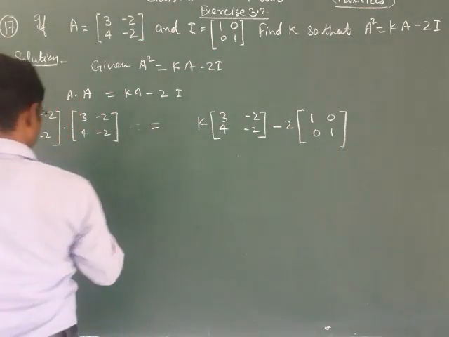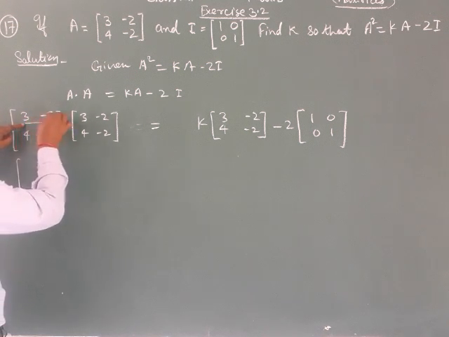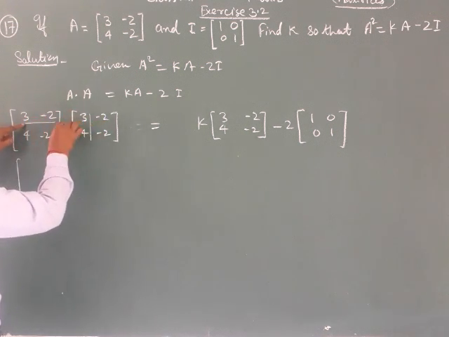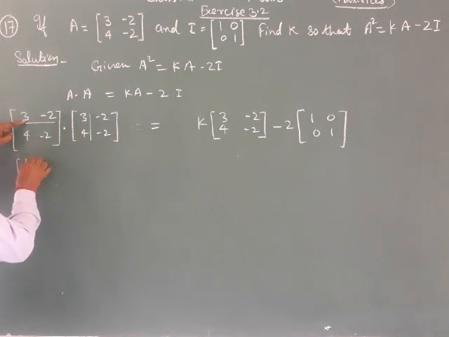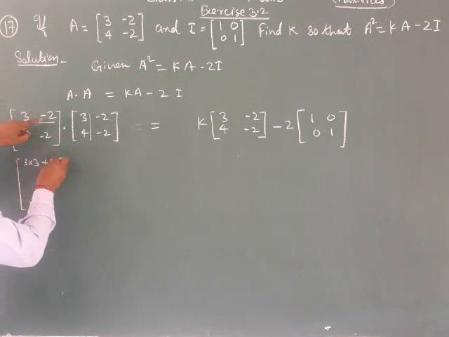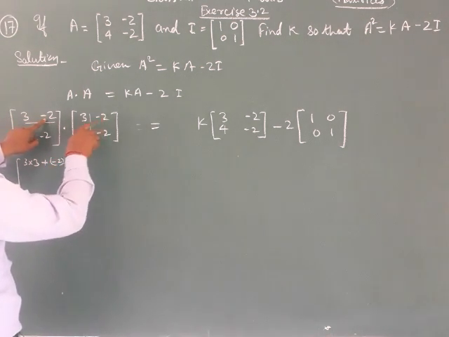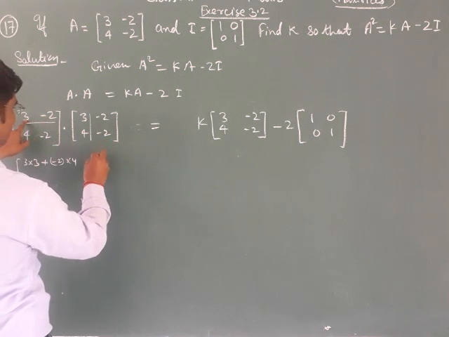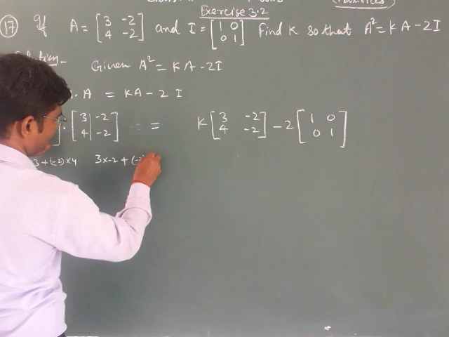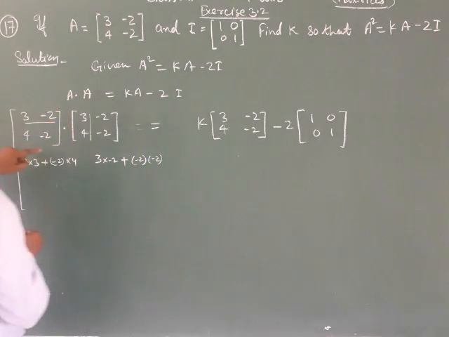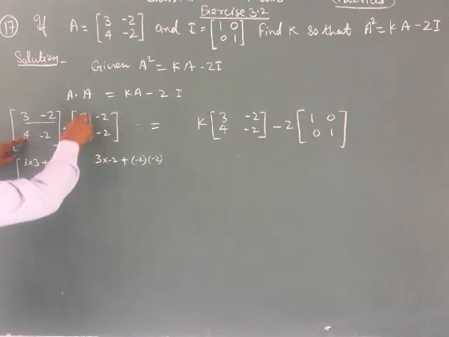Now taking rows and columns, multiply the first row and first column: 3 into 3 plus minus 2 into 4. And the first row with the second column: 3 into minus 2 plus minus 2 into minus 2.